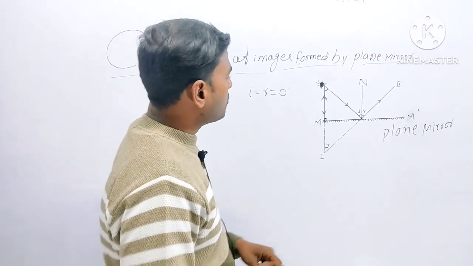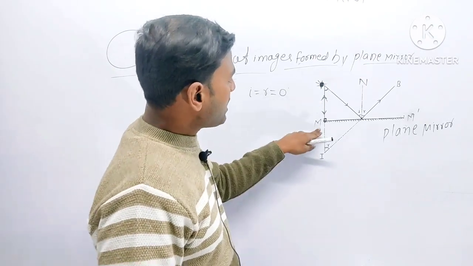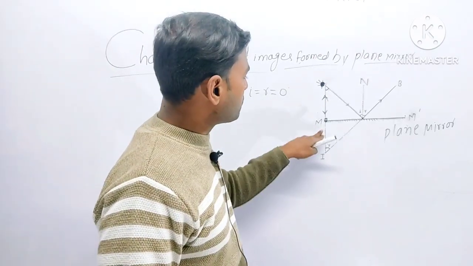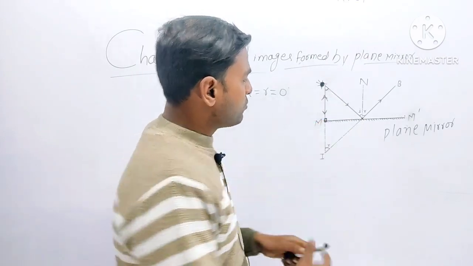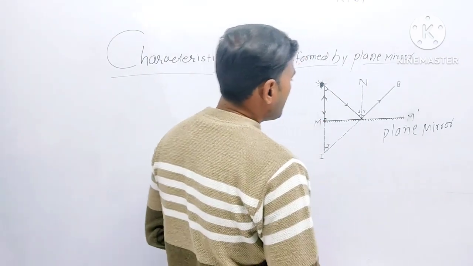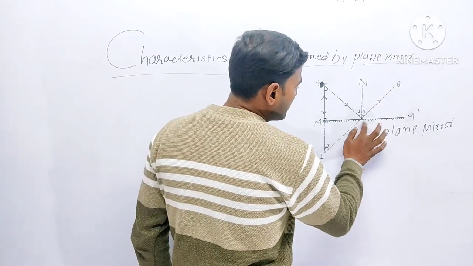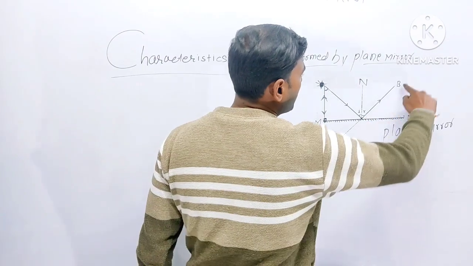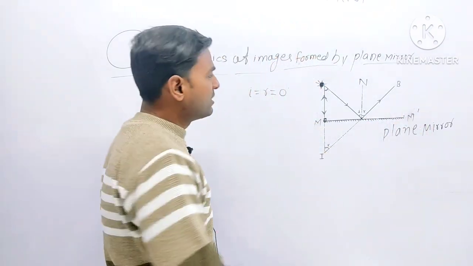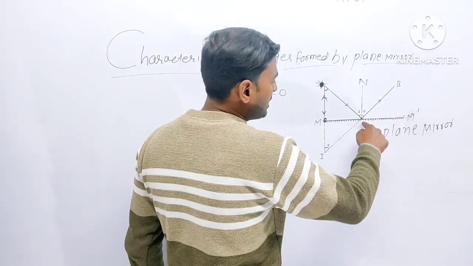So this point is clear. Now I have taken this other ray, and it is incident at this point of incidence and gets reflected back as B. And I have drawn a normal here.